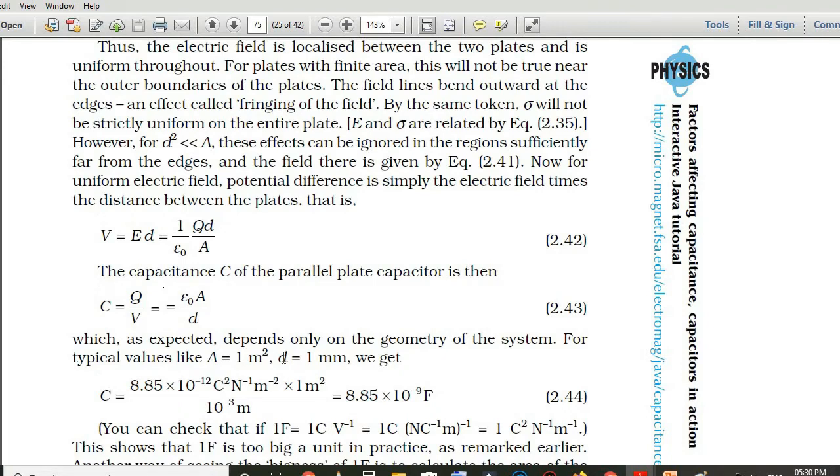We shall discuss it just after this. And A is the area of the capacitor plate. D is the separation between the capacitor plates.